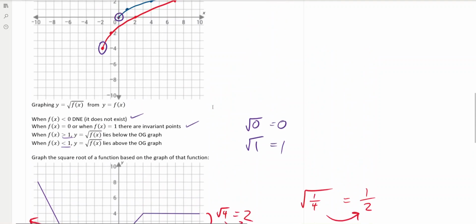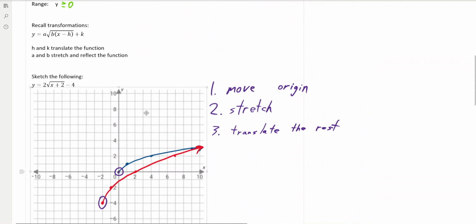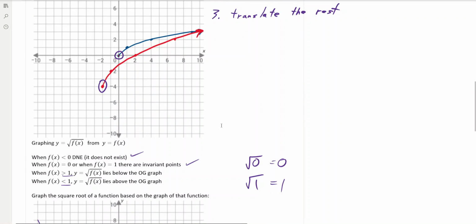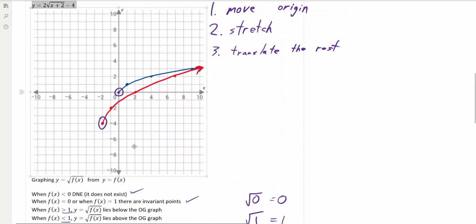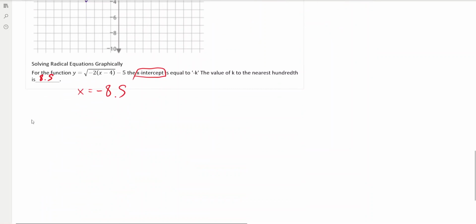All right, so very quick overview. Maybe we can do just one more example. I'm just going to do one more example that can hopefully wrap this up a little bit nicer.